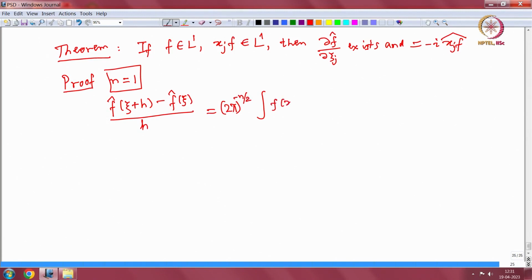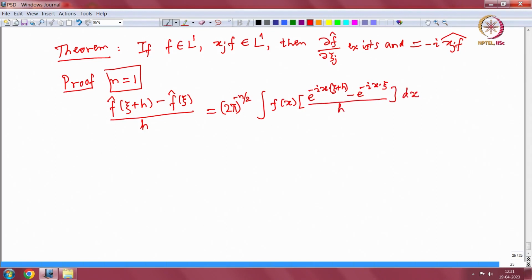So, let me write that e to the minus i x (j plus h), minus e to the minus i x j, this is just from the definition. Since I am working only in n equal to 1, this is just a product of real numbers.